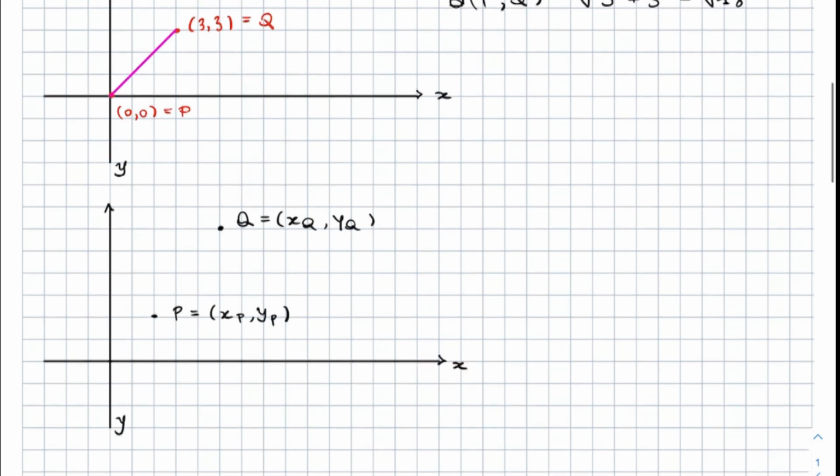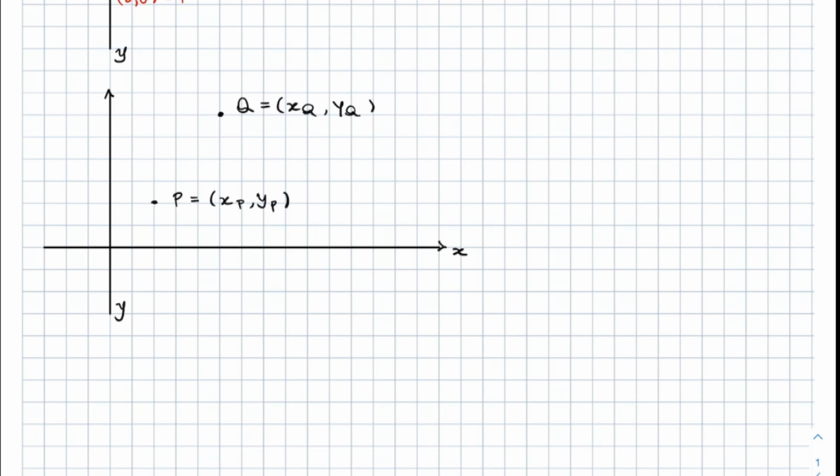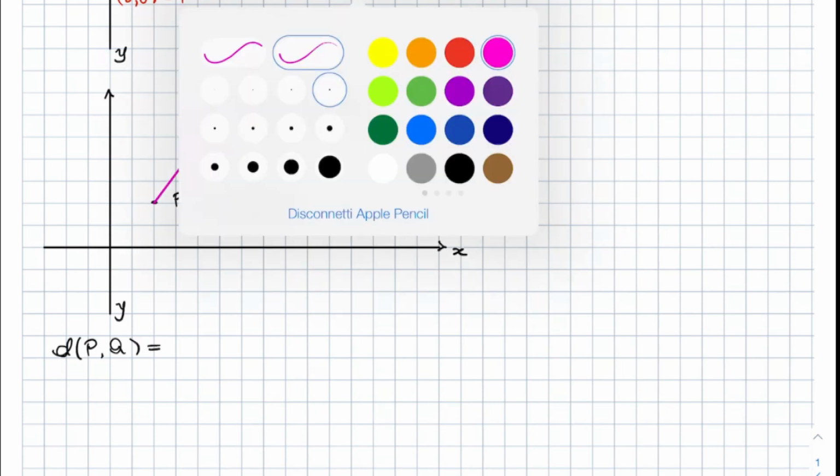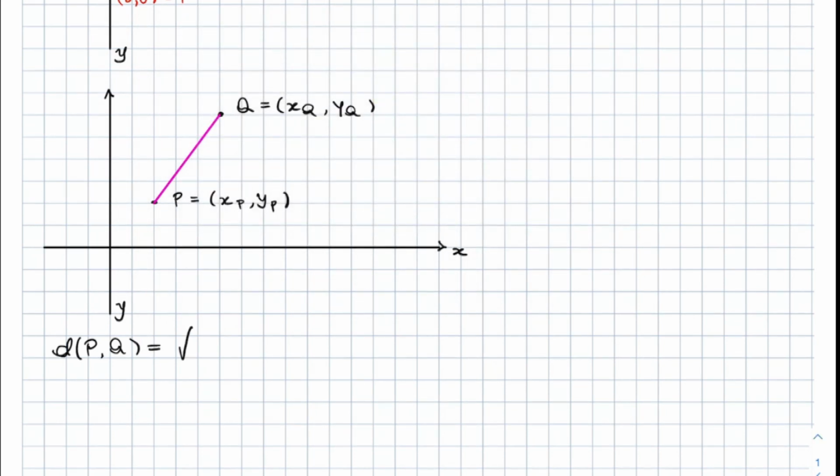And we want to say what's the distance between P and Q. Now we said we want to say that this number is equal to the length of the segment connecting P and Q. And what's the length of this segment? Well, it is the square root of (xq minus xp) squared plus (yq minus yp) squared, right?